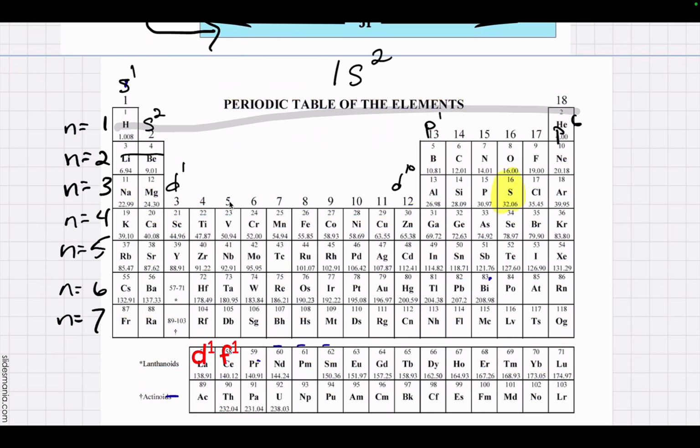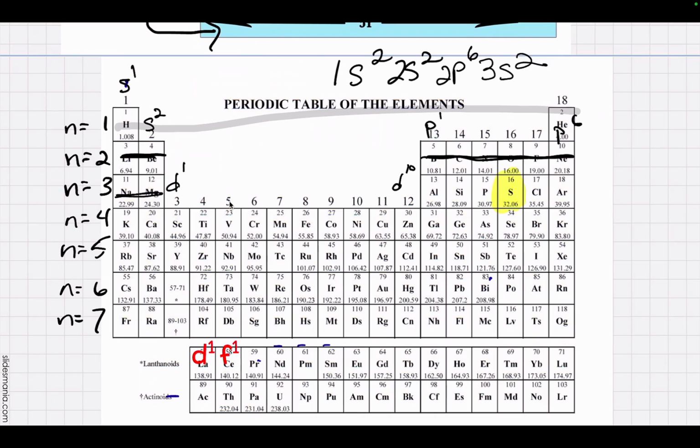Then I would read right here, and I would say 2s2. Then I come across, remember this is still n, so 2p6. Then I come here, 3s2. Then I come across, and I count 1, 2, 3, 4, so 3p4.